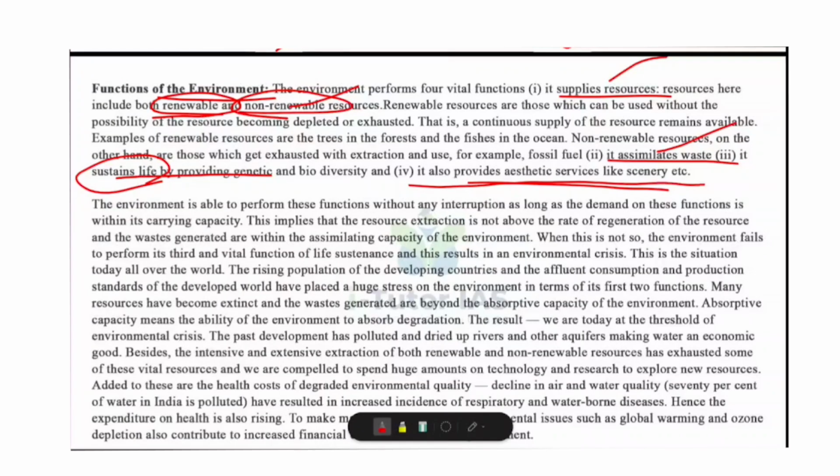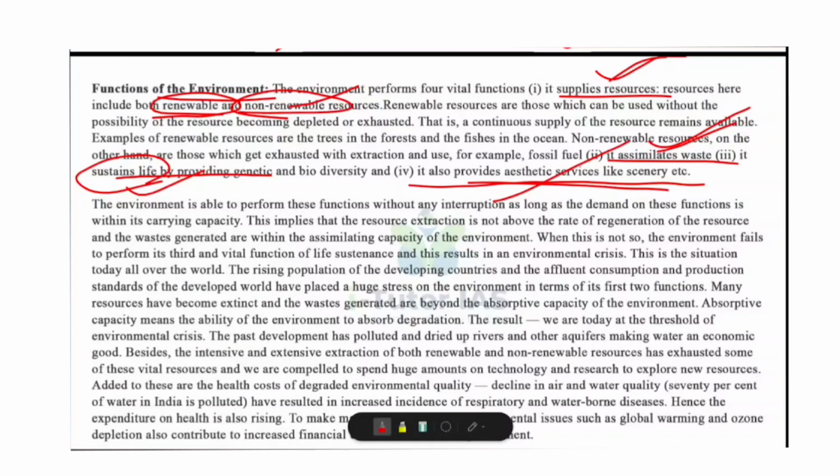That means it gives us beautiful sceneries like mountains, rivers and forests, which bring peace, joy and inspiration to our mind. So these four functions, resource supply, waste assimilation, life support and aesthetic value, are the key functions of our environment.